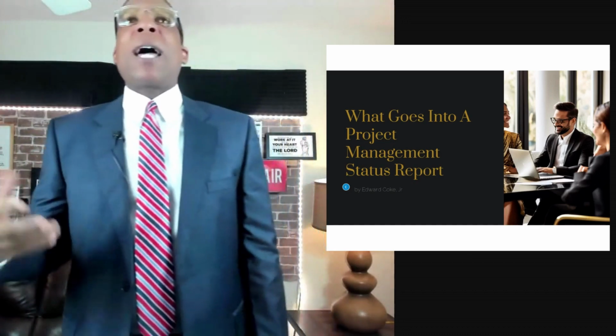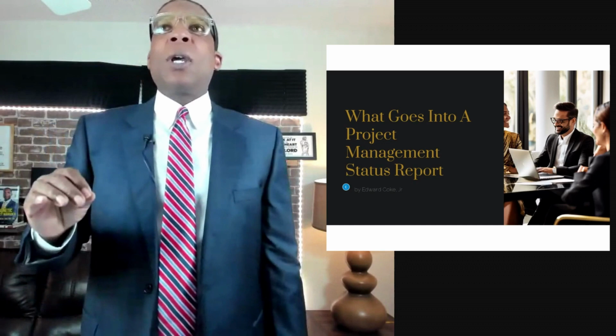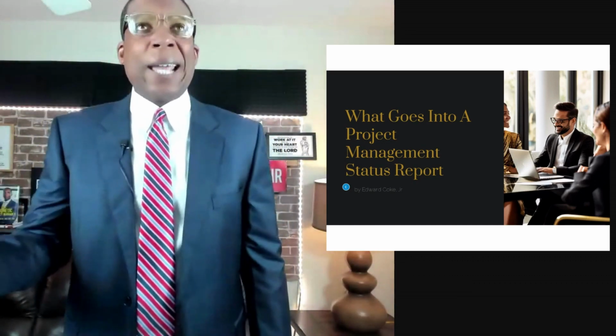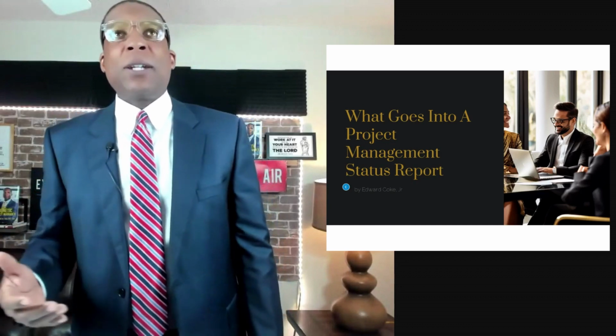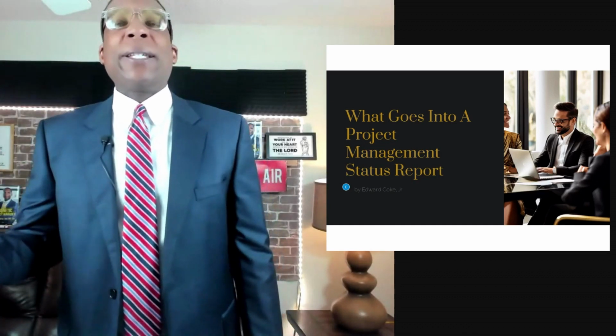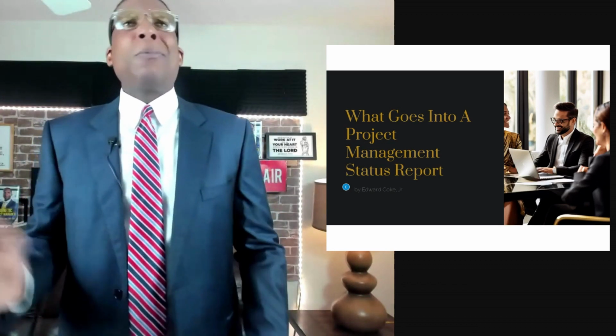Now, I have to give you the caveat here, family. The caveat is there's multiple ways to attack this. First of all, you have an executive project management status report, and then you may have more, I'll say, a team status report. You probably say, well, what is the difference?